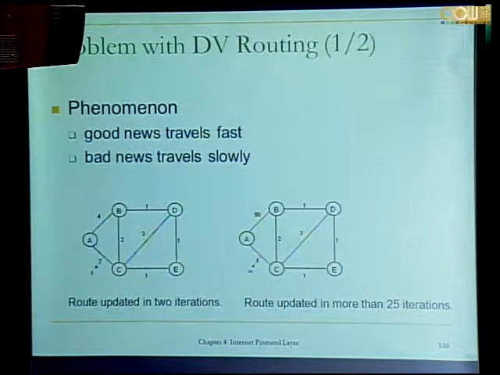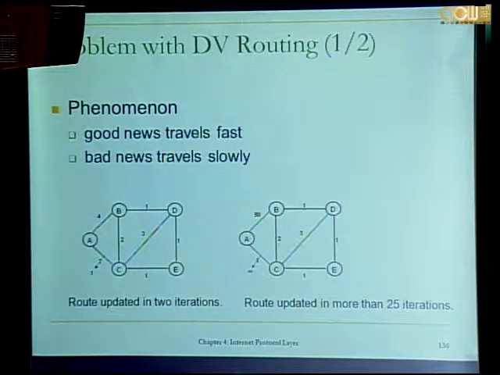And it would change after 25 iterations to realize that B is a better path. So the bad news travels slowly in this scenario, and the procedure is described in the text.